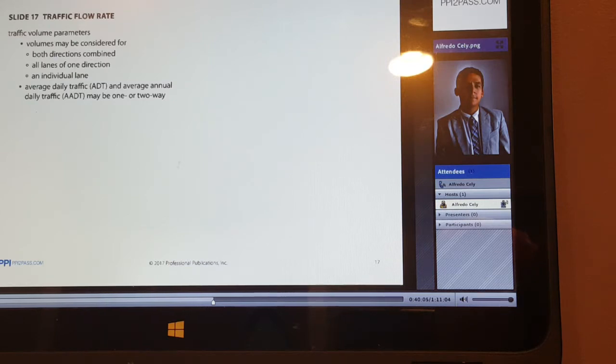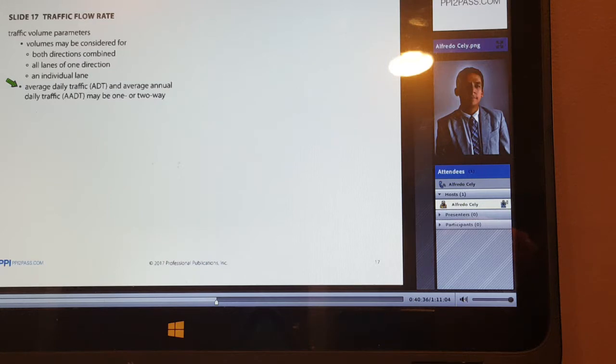So they may give you a total amount of traffic on that roadway, both directions of traffic, and you're being asked to find what is the peak hour equivalent for the direction of traffic that takes the most cars. Given that the peak hour factor is 0.9 or something like that, and they give you that it is a 40-60 split. So they will be testing you on this concept that volumes can be considered either for both directions, all lanes, or an individual lane.